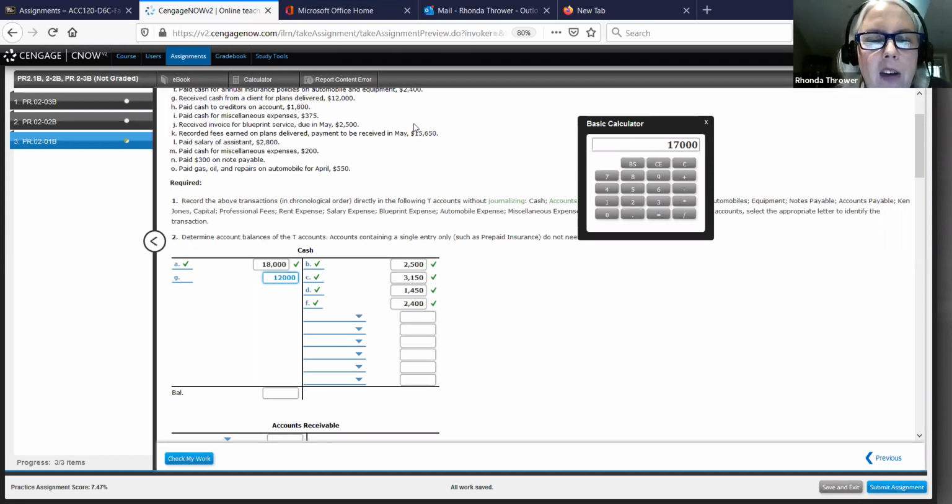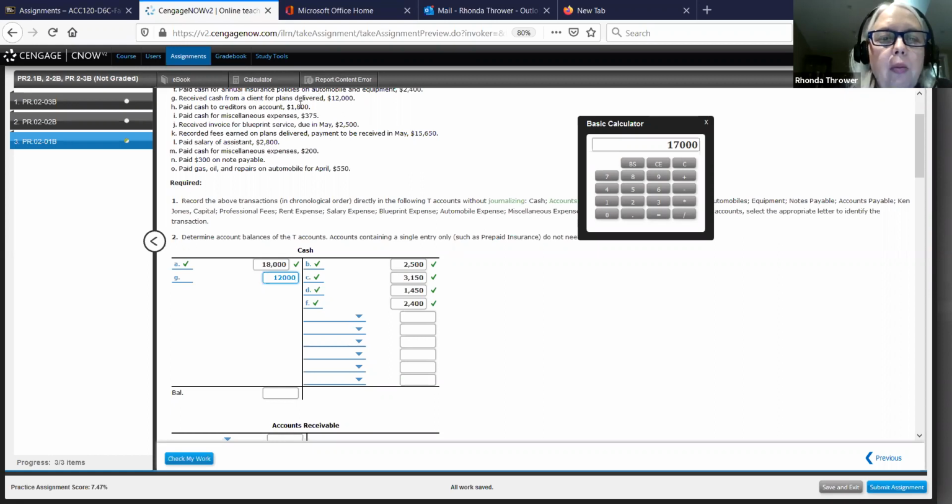So my cash account, which is an asset, has increased by $12,000 because I've received cash. Now you might ask yourself, well, why did I receive that cash? And it tells you you received it from a client for plans that were delivered.